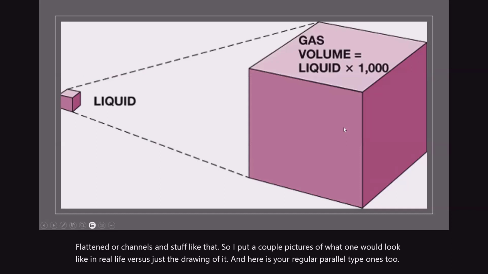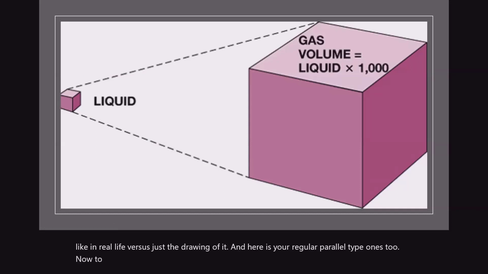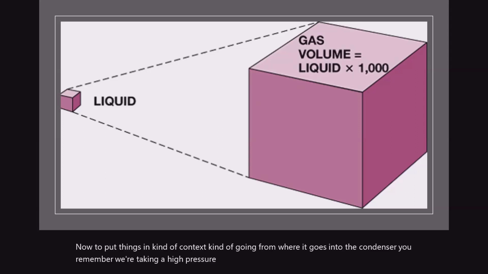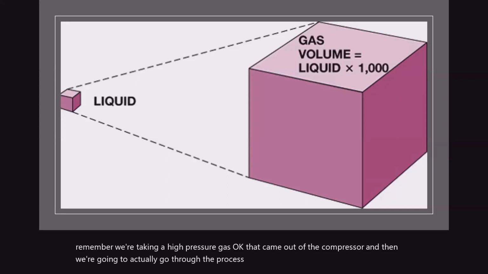Now, to put things in context, going from where it goes into the condenser. You remember we're taking a high pressure gas that came out of the compressor, and then we're going to go through the process of condensing. That's what the condenser does. We're going to take the heat away, which is going to start turning it into a liquid.